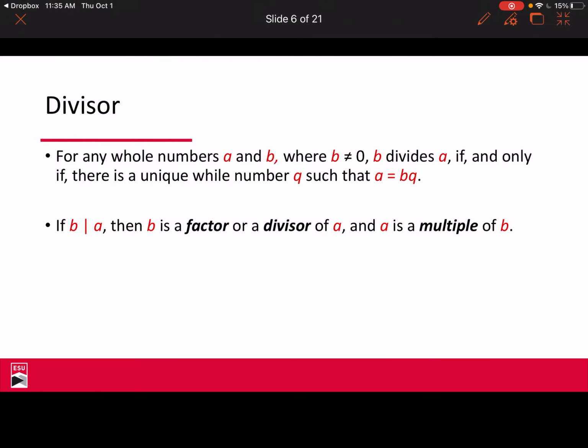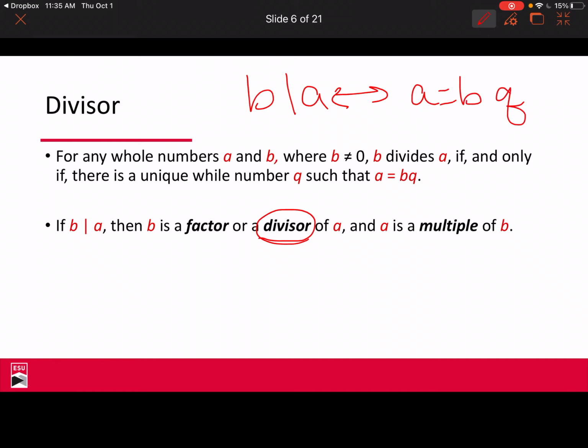If we know that something divides something else, we can call it a divisor. So this says for any whole numbers a and b with b non-zero, if b divides a, that's the same as saying there's some q such that a is b times q.